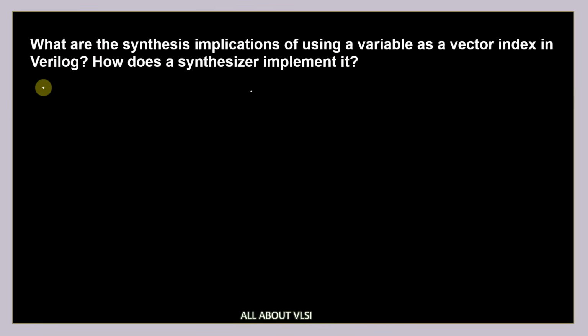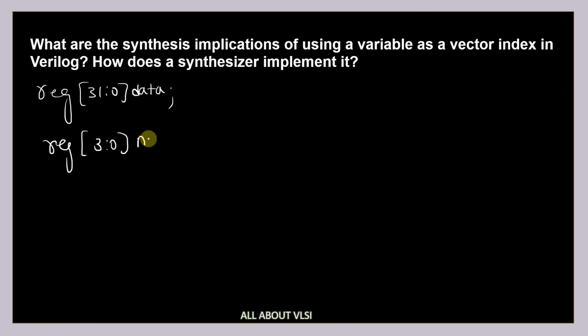So let's take a variable over here. Let's say I have reg [31:0] data and reg [3:0] nibble.